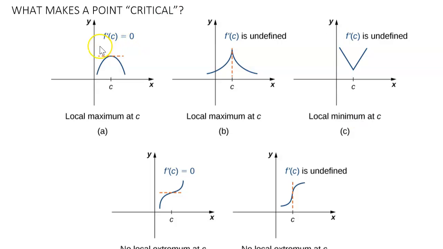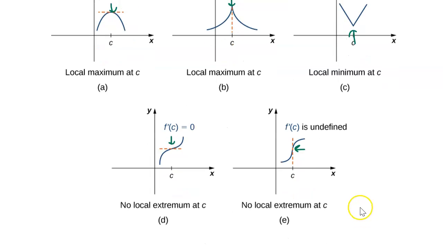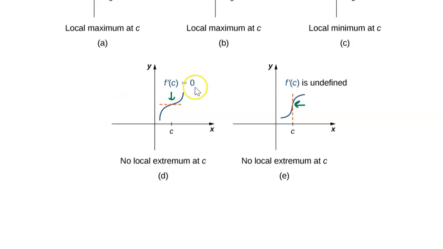So you can see for the first 3 examples, these are each maximums or minimums at the critical points. But by the time you get to the next 2 examples, we have a critical point, but we don't have an absolute extrema. So this is a one-way statement.